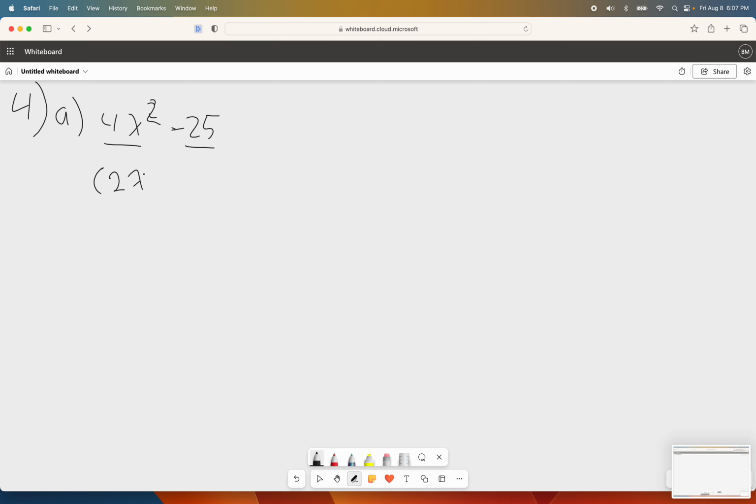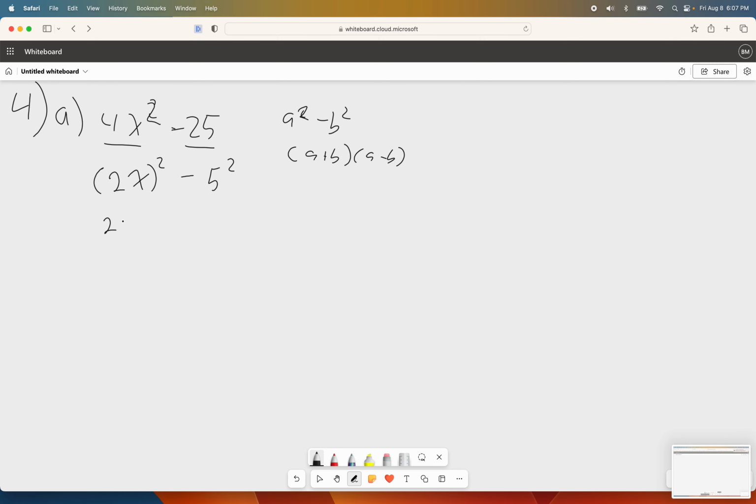We're going to call this (2x) quantity squared, and this is going to be minus 5 squared. So then, I'll just write it out over here. If you have a squared minus b squared, you can factor that into a plus b times a minus b.